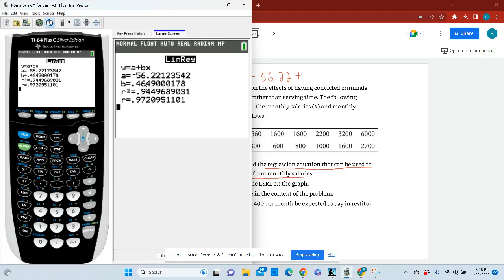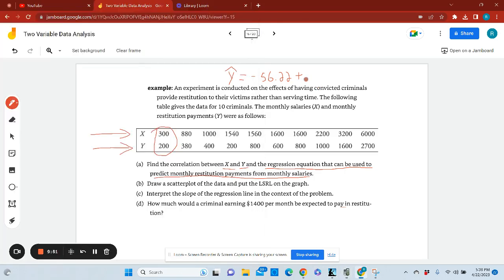The slope is 0.4649, times x. And there's your regression equation.